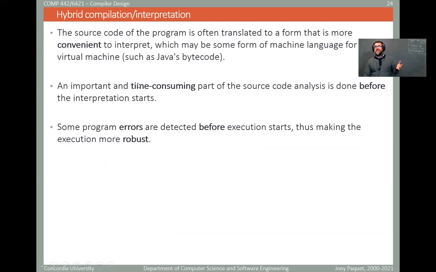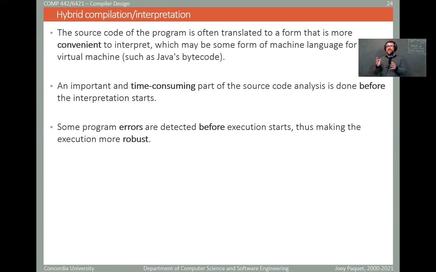Also, if you are doing a pre-processing phase, the compilation phase, then there is a part of the analysis that has been done once, and that would never have to be done again. For example, your interpreter, your Java virtual machine, assumes that the bytecode that it uses is always valid code.